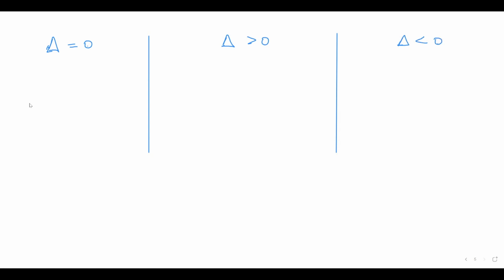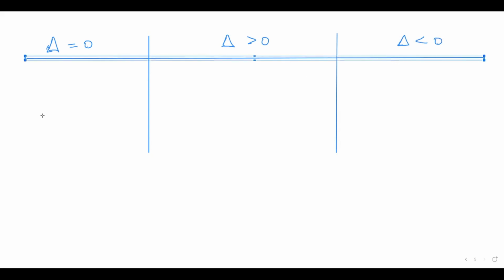Now when we are talking about it being equal to 0, is this possible? No, that's not possible because here we are getting delta as 4x square, y square minus 1, right? It would be equal to 0 when y is equal to 1, or x would be equal to 0.